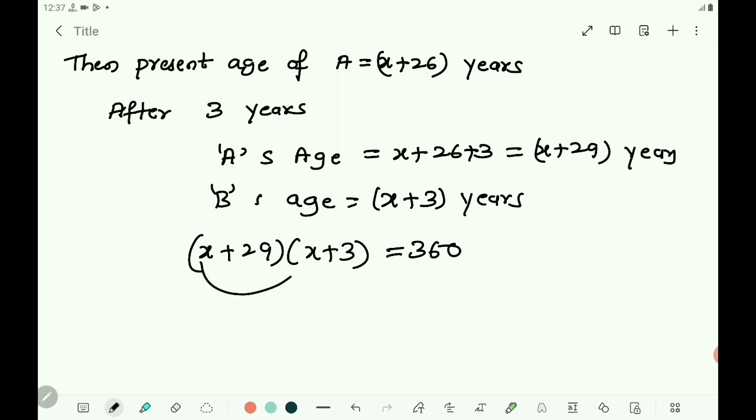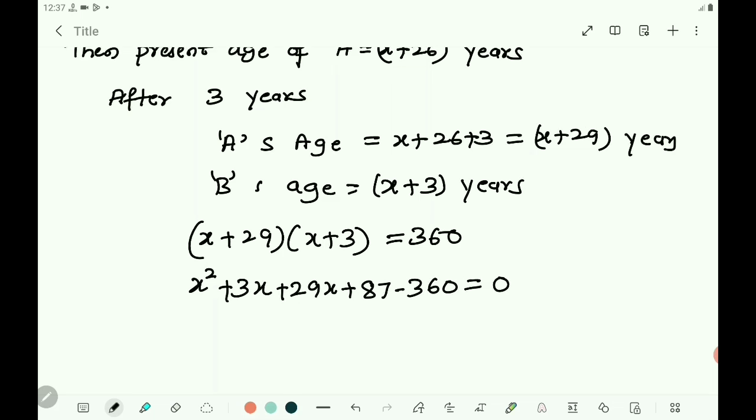Then you multiply x into x, x square, plus x into 3, 3x, plus 29 into x, 29x, plus 29 into 3, 87. Transfer this 360 to LHS, it becomes minus 360 equals 0.